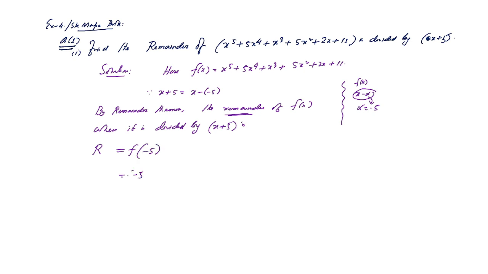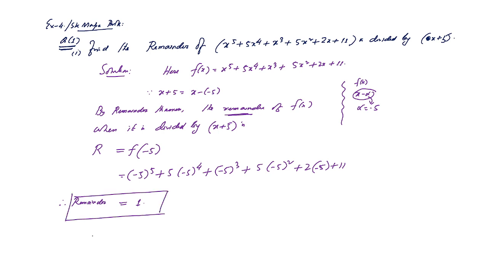So that means minus 5 whole to the power 5, plus 5 into minus 5 whole to the power 4, plus minus 5 whole cube, plus 5 into minus 5 whole square, plus 2 into minus 5, plus 1. So what will be the value? The value will be 1. So here the remainder is 1. So this is our answer.